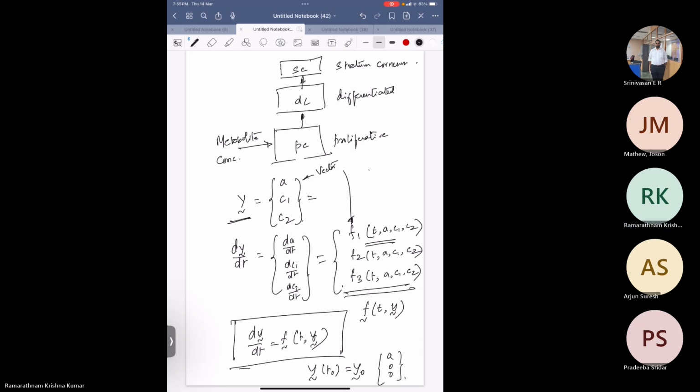Clear? Yes, sir. What is the order? First order differential equations. So they are ODEs, ordinary differential equations, because there is something called partial differential equations. I'm not going to worry; fortunately, 99% of the problems are ODEs in your case.